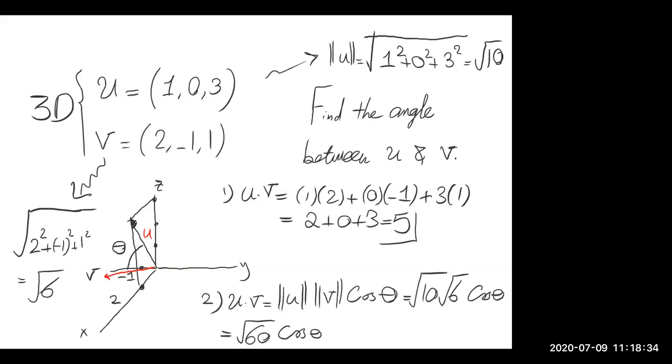On the other hand, we know these two numbers should be equal. There are two ways to compute the same thing. So cosine of theta times the square root of 60 should be equal to 5. So cosine of theta is equal to 5 over the square root of 60.